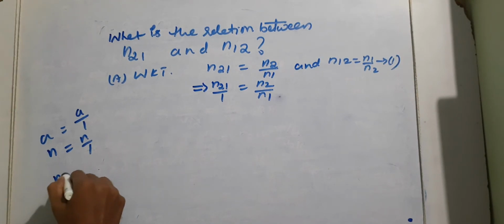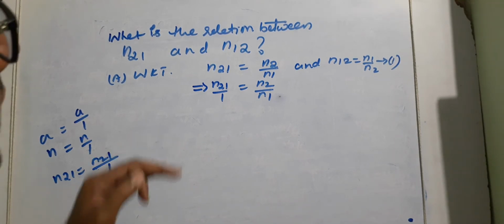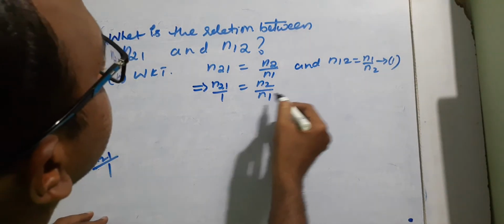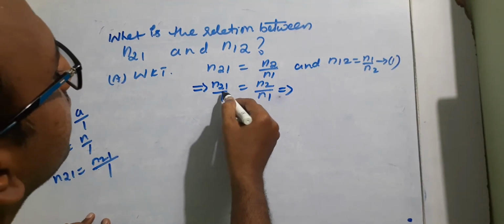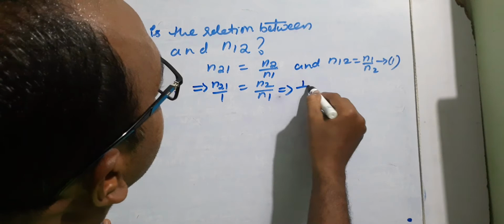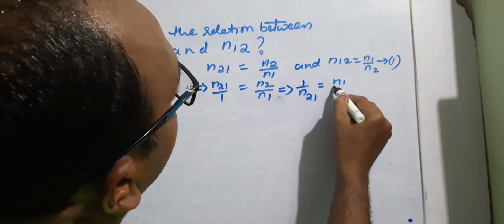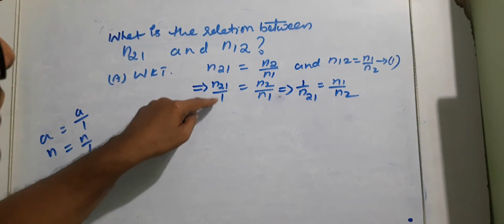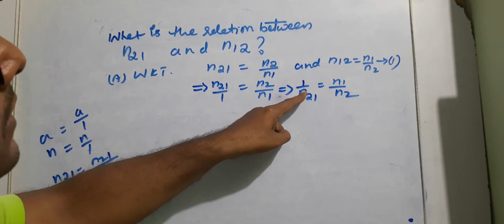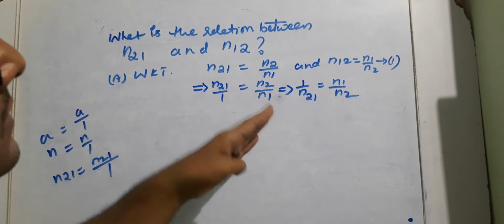Similarly, n21 can be written as n21 by 1. Now we are reversing the denominator and numerator on both sides. That is, 1 by n21 is equal to n1 by n2. Both denominator and numerator are reversed.